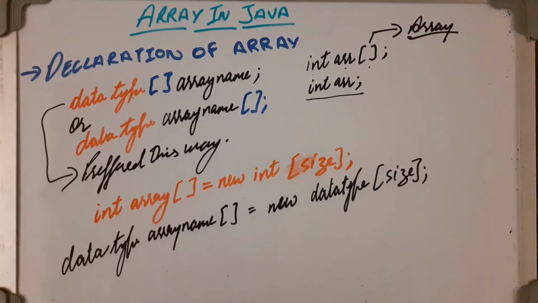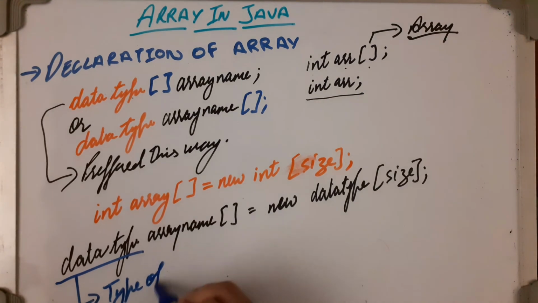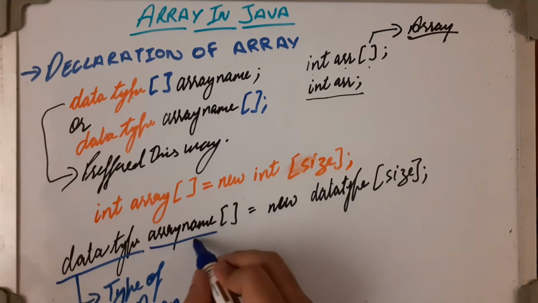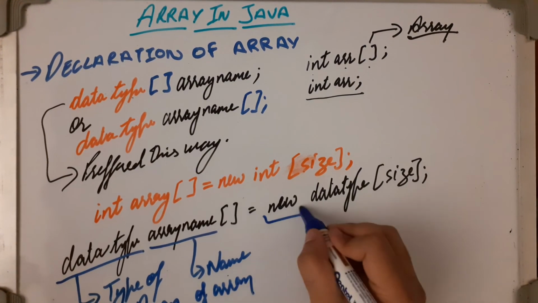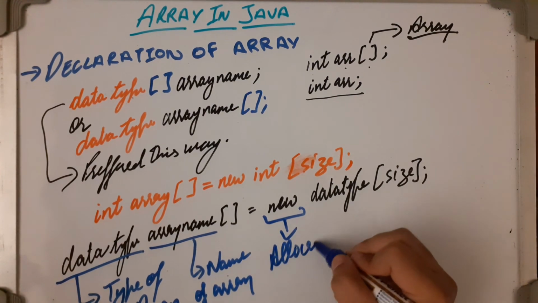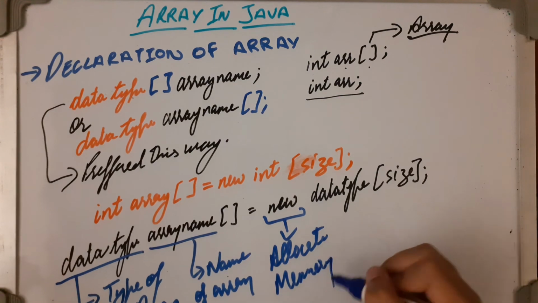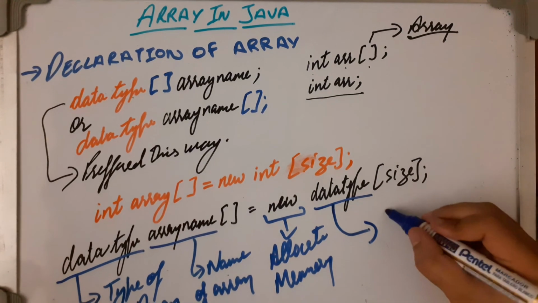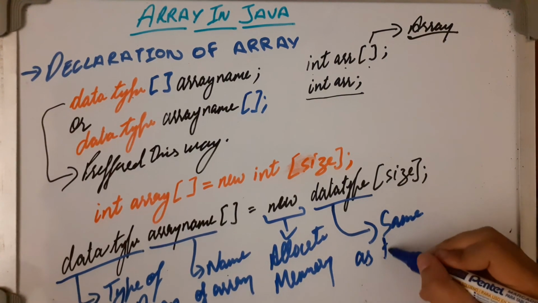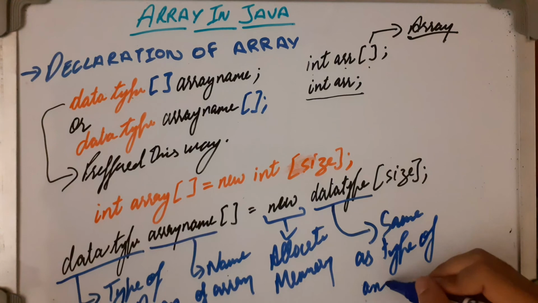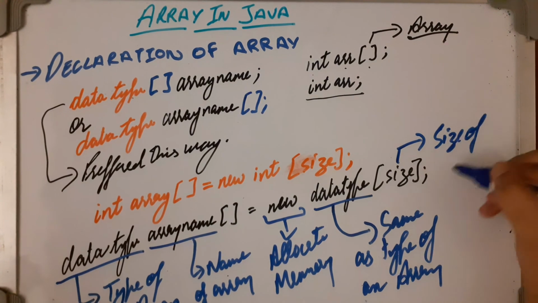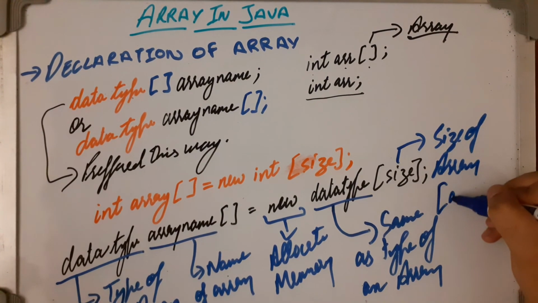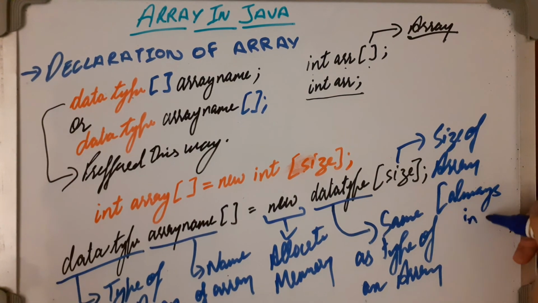Now I will explain this line by line. The data type is the type of the array, this is the name of the array, new allocates memory, then the data type is the same as the type of the array, and then the size of the array, always in integer type.